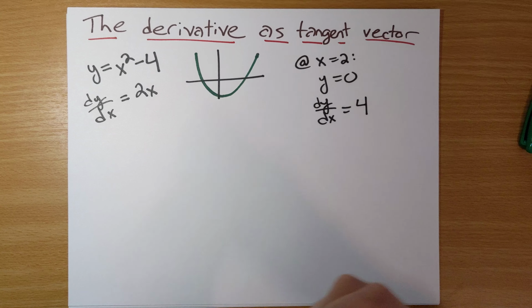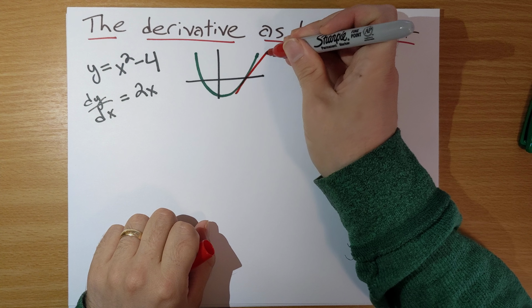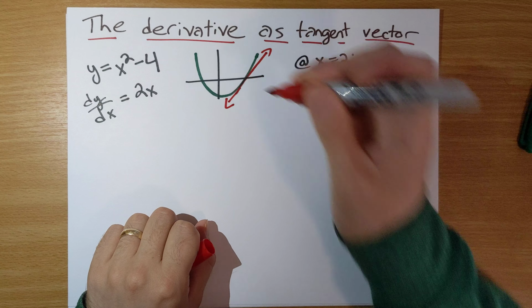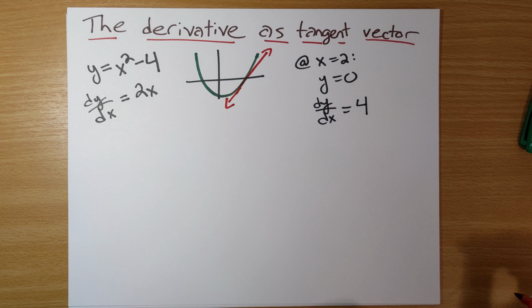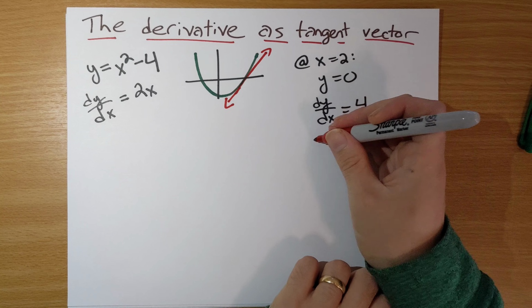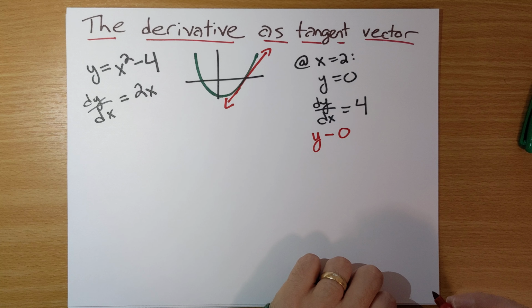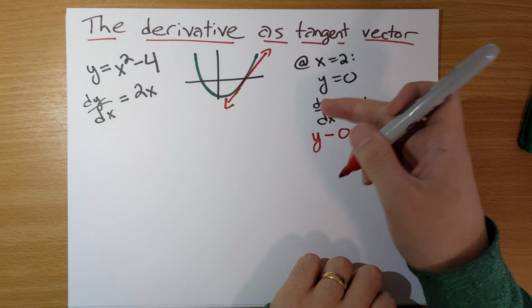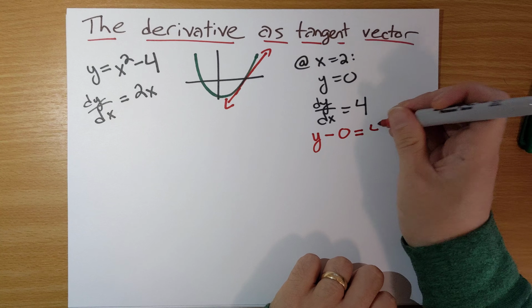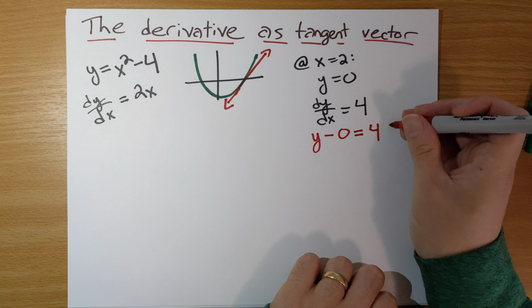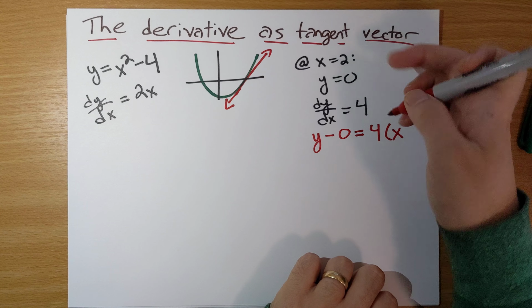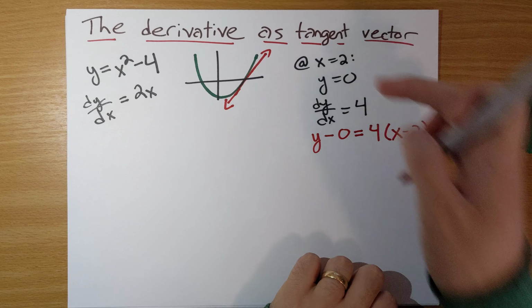So an equation for this tangent line right here, this red tangent line, is going to be y minus our particular value of y here, y naught, is equal to the slope, which is the derivative 4, times x minus x naught, x minus 2.